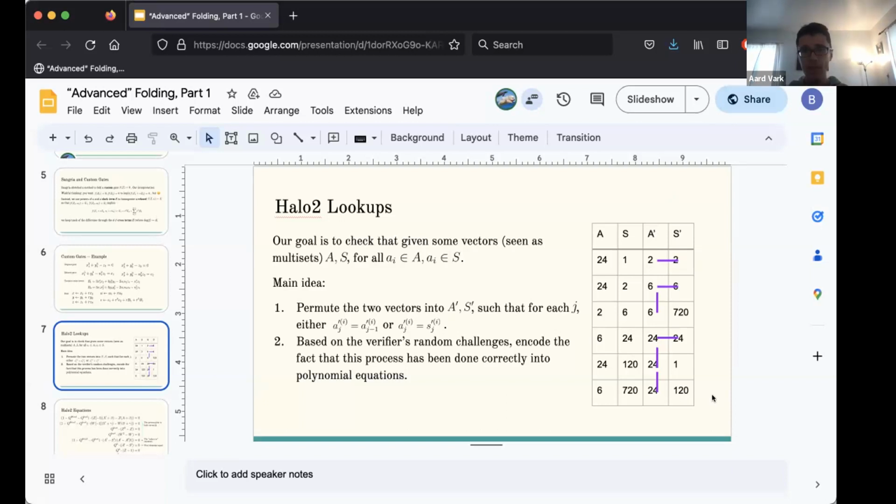But you make it so every entry in A prime is either the same as the entry next to it in S prime, or it's the same as the previous entry in A prime. So going down the row, this 2 is the same as 2, 6 is the same as 6. Then you repeat, so you have another 6, that's the same as the previous 6. Then you get a 24, which is the same as 24 in S prime, and then you repeat it twice.